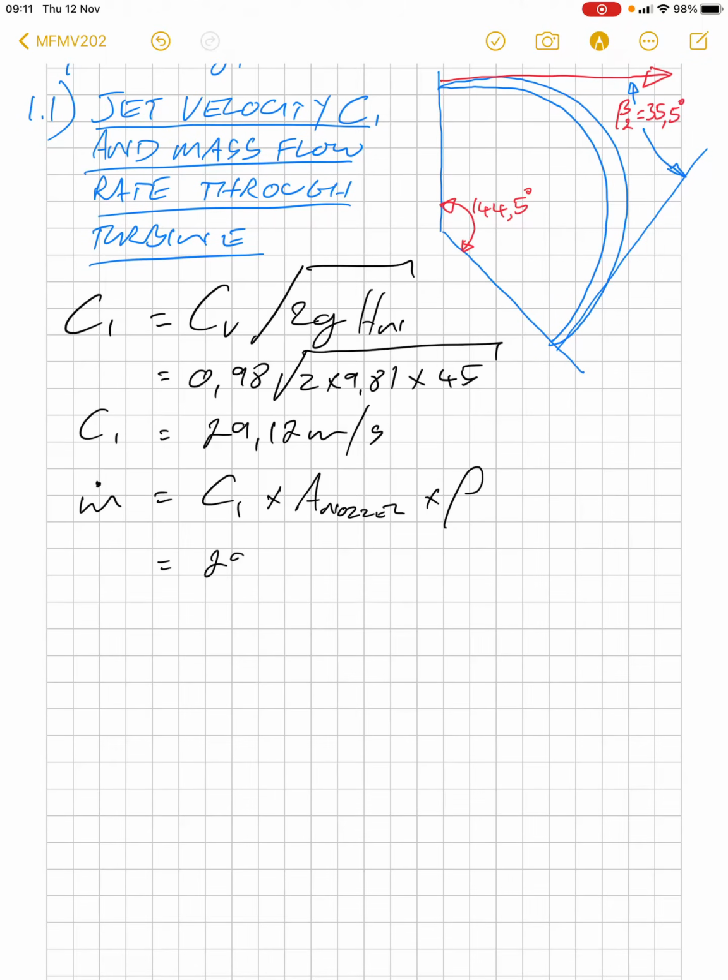So that gives us 29.12 meters per second, pi over 4 times 0.045 squared, which is your area, times 1000 density of water. So our mass flow rate works out to be 46.31 kilograms per second.